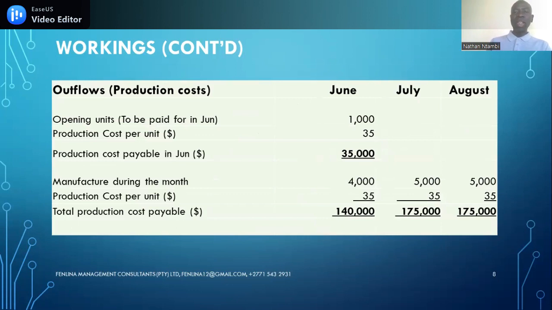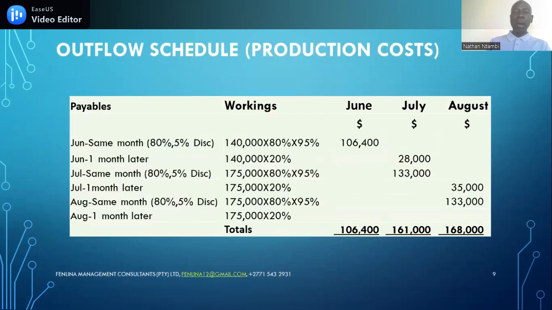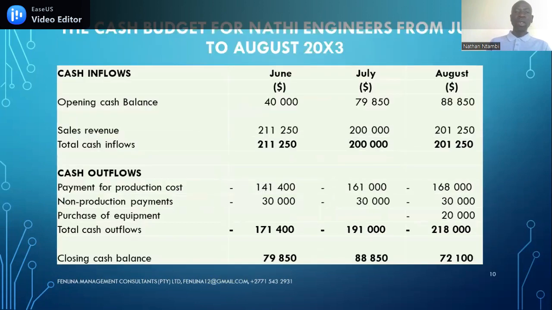The 140,000 is only payables, but now if you look at the 35,000 that is supposed to be paid in June, plus 106,400, which is also payable in June, which gives us the total of 141,400. Then the other figures for July and August are just brought up as 161,000 and 168,000.